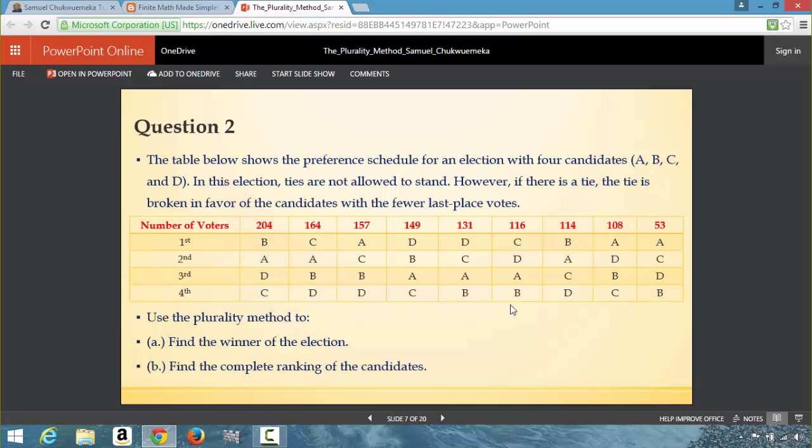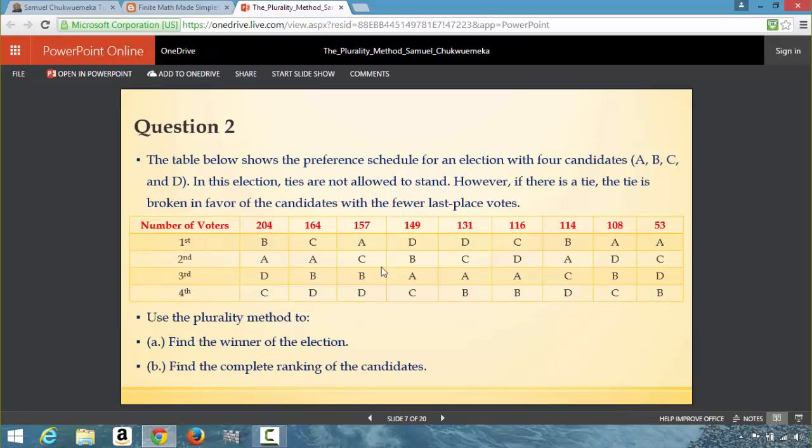Candidate A does not have any last place votes. So nobody really dislikes candidate A enough to place candidate A last. So candidate A is more popular than candidate B, because 131 plus 116 plus 53 voters placed candidate B as their last choice.